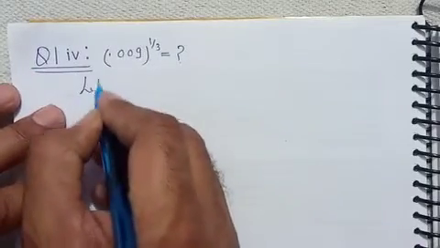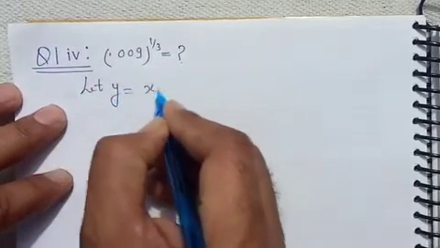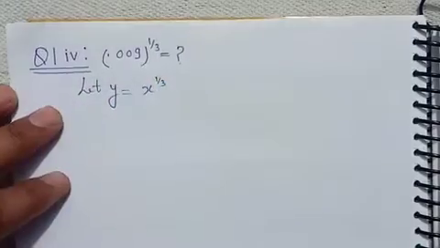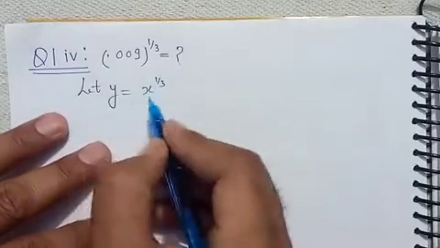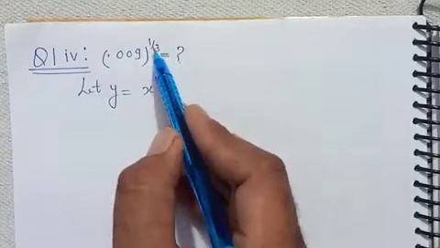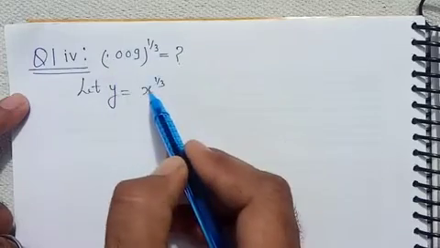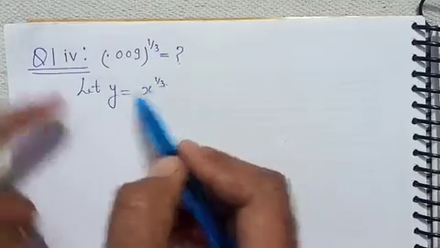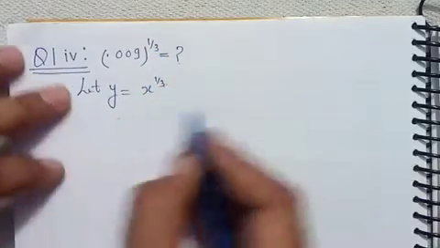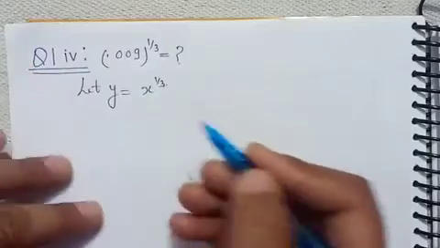So let y equal x raised to the power 1 upon 3. Every time you can assume a function in this way. It means replace this number by x and exponent as it is. This is always y. Now assume suitable value of x.